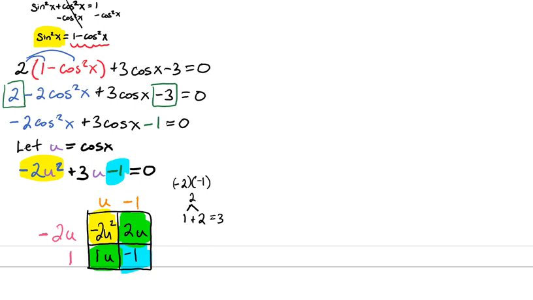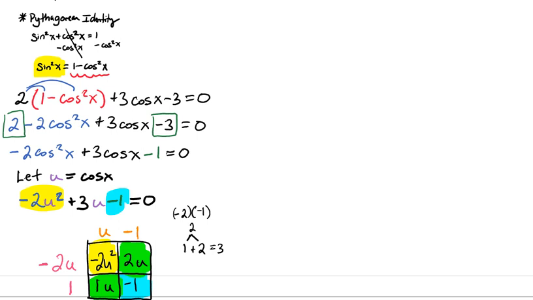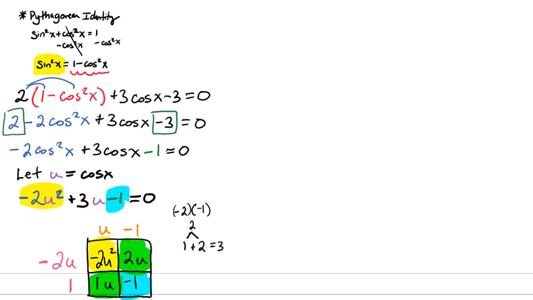Now we're able to write our factors. We have negative 2u plus 1 times u minus 1 set equal to 0. And using our zero product property, we're able to set each of those equal to 0 separately.